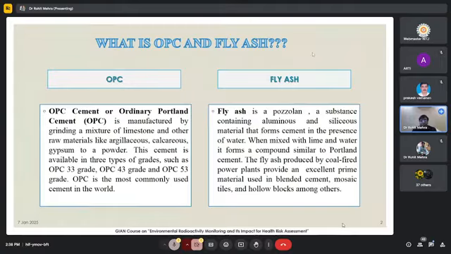OPC is pure cement available in different grades like OPC 33, OPC 43, OPC 53, but it is available only to some construction agencies like CPWD, B&R and others. Commercially, if you want to purchase cement, you will get only PPC. So why is fly ash preferred as a Pozzolan material?